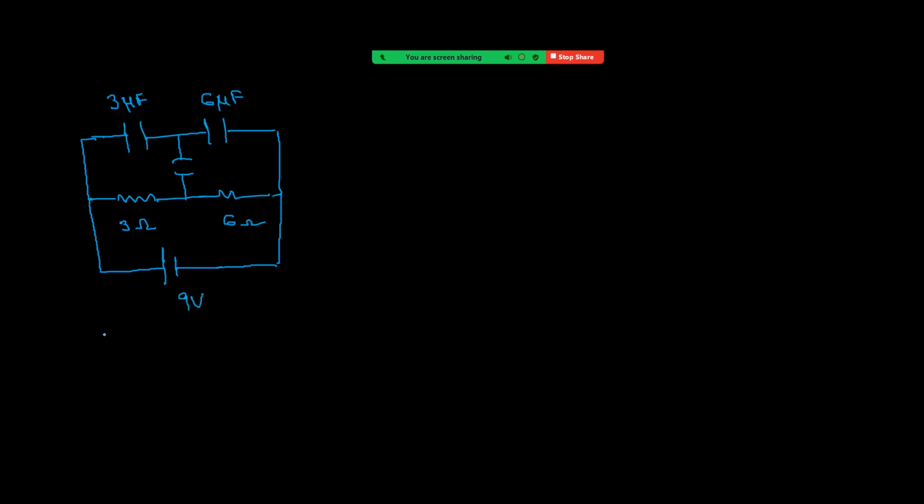Now see carefully. Before closing the switch, current flows like this. So what is the current? 3 plus 6 is 9, and 9 by 9 is 1 ampere. Now first focus on the charges on the capacitors before closing.